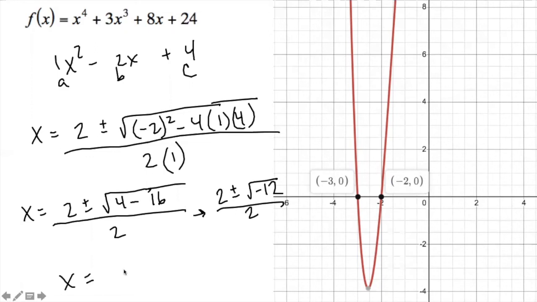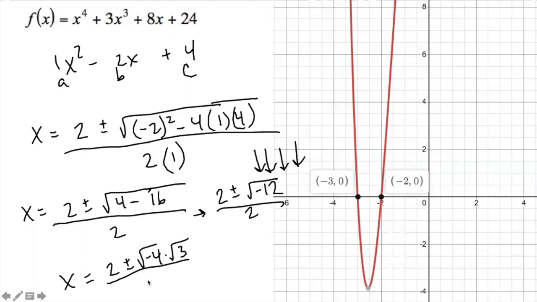Okay, do another rewrite here. So we'd have x equals 2 plus or minus, let's see here, does root 12 contain a perfect square? 4, 9, 16? Yep, it's divisible by 4. So I'm going to split up negative 12 as root negative 4 times root 3, because negative 4 times 3 gets us back to negative 12, all over 2.